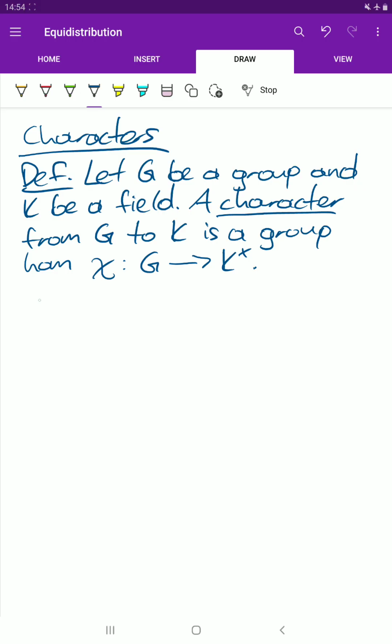Okay, so let's start with the following lemma, namely the orthogonality relations for characters. Or let's say one kind of orthogonality relations. Later we'll see other ones.